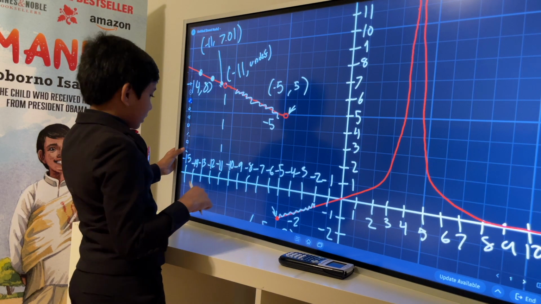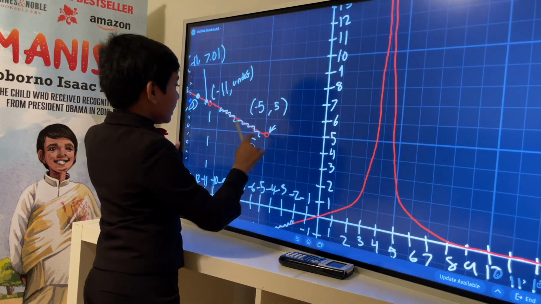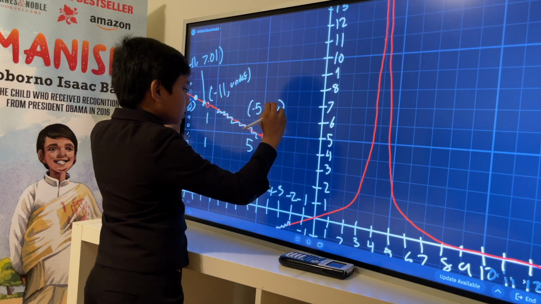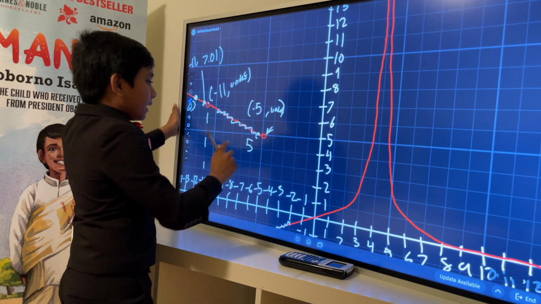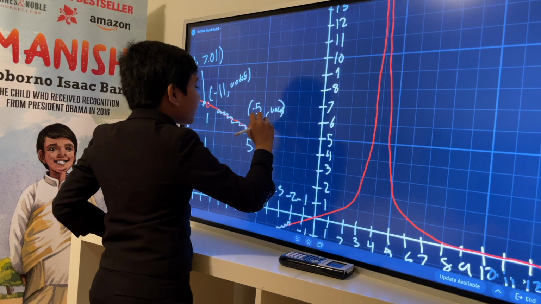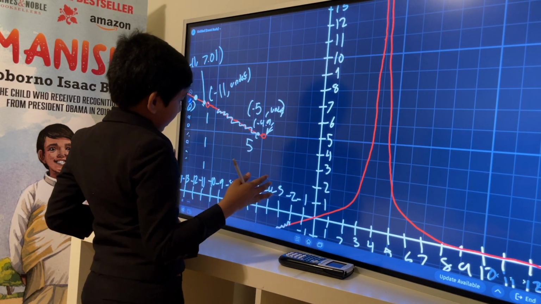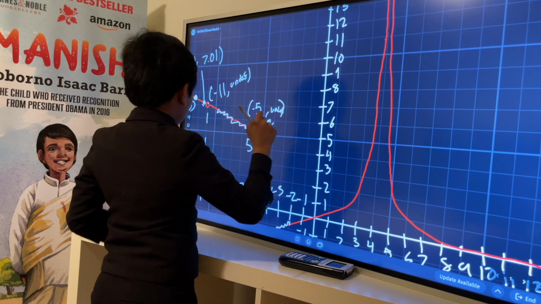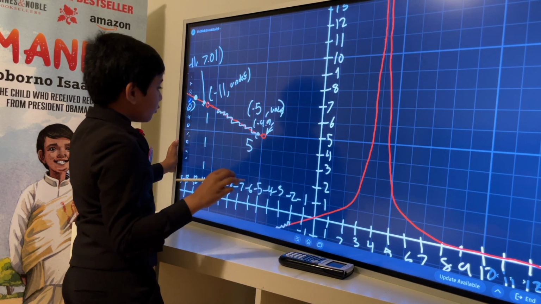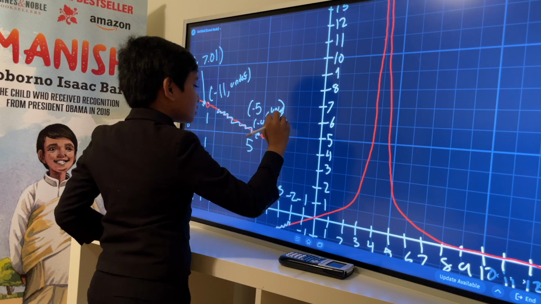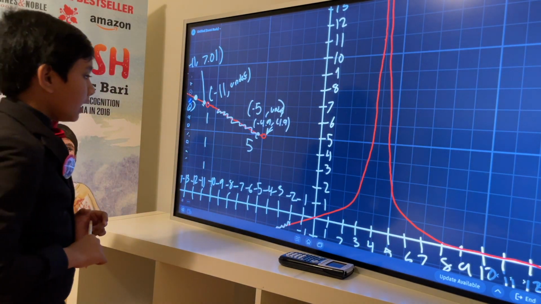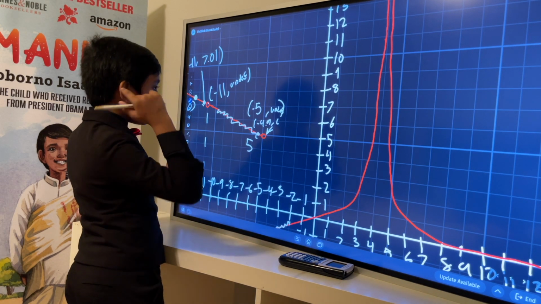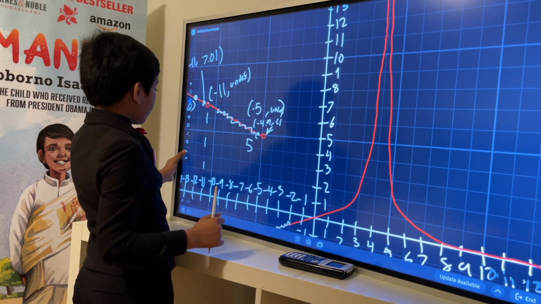Or actually rather positive 5. Over here is minus 4.9, comma, say maybe, okay, let's say it's minus 4.9, you have positive 4.9, say. And so, that's right next to minus 5, comma, undefined.